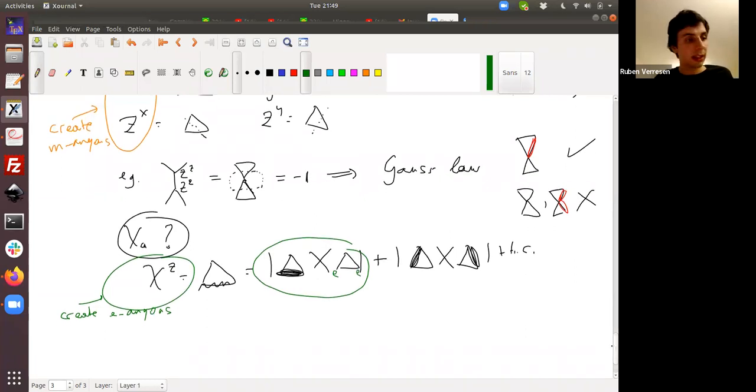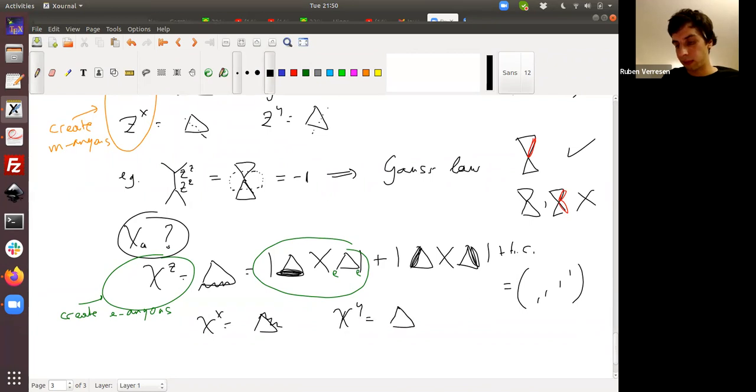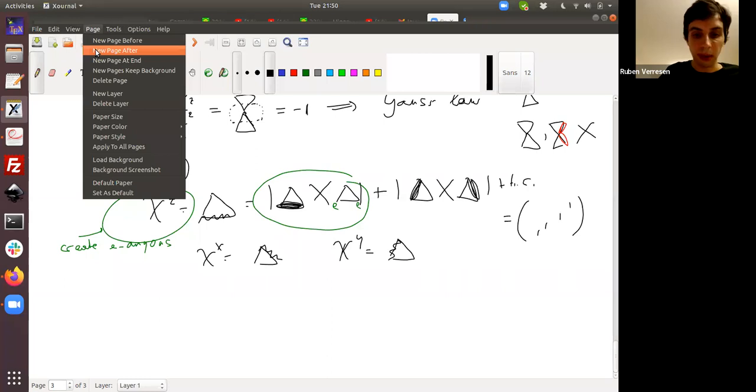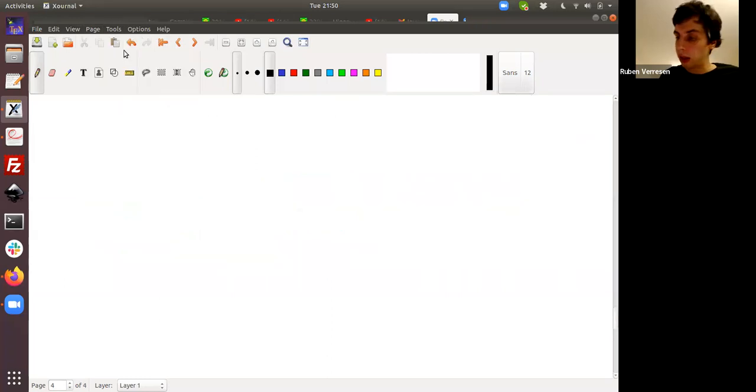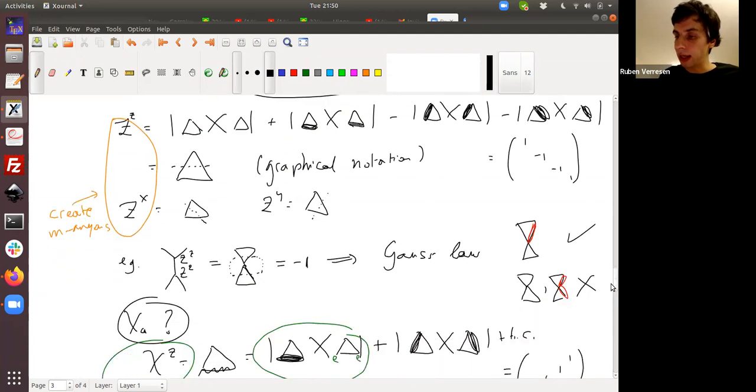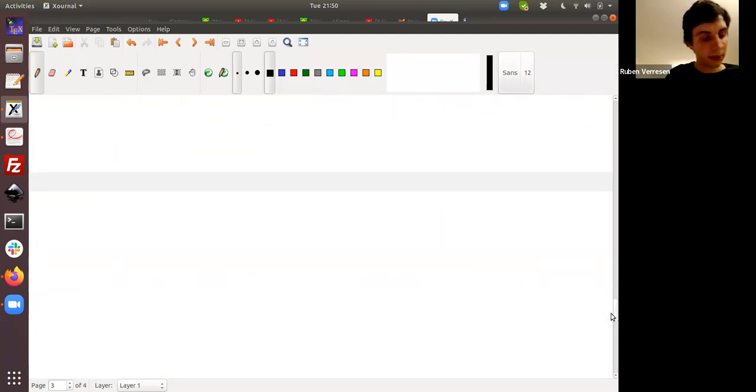Okay, so anyway, you can just think of it as a definition. Again, if you prefer matrices, it will also be some matrix like this. And of course, you can do it for all possible bonds. So with that, now we know what this definition is. This X has three possible choices.